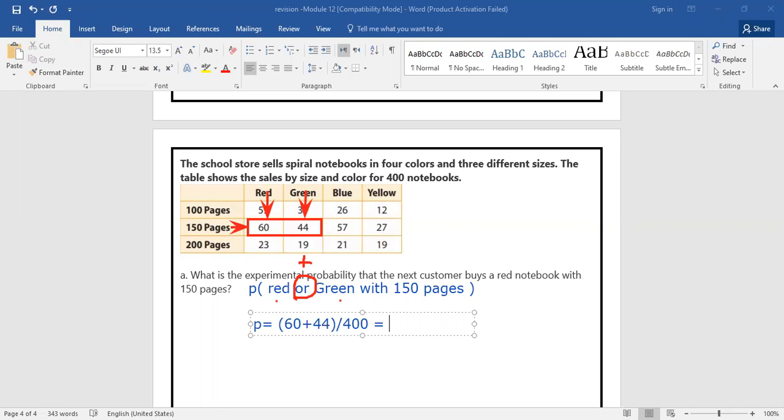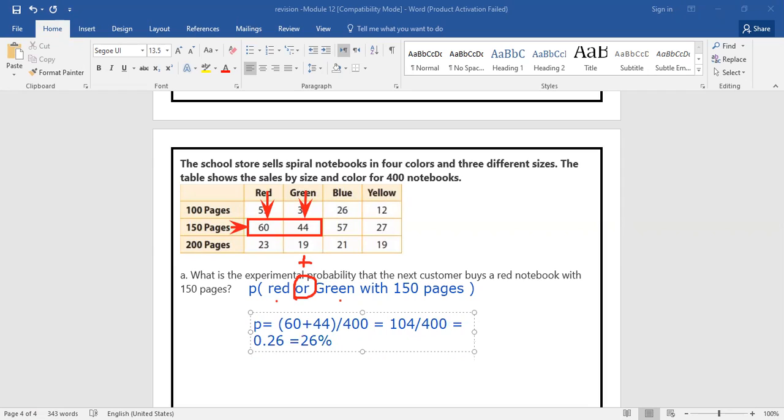Yes. In decimal, 104 over 400 is 0.26, and in percent it is 26%.